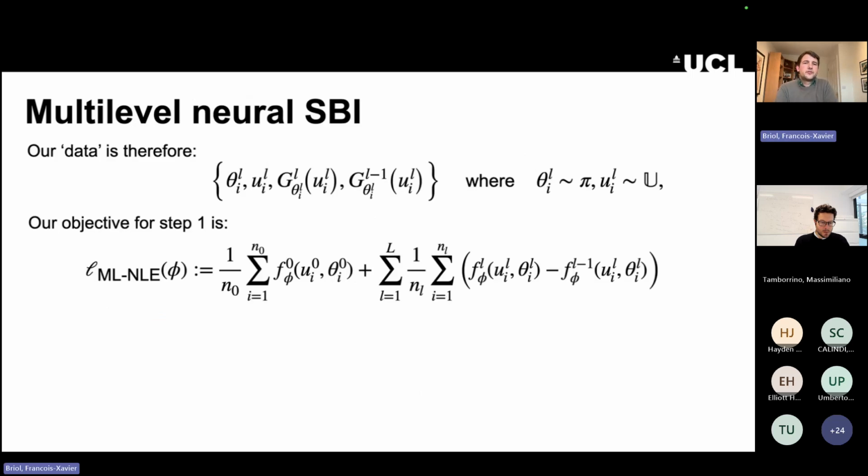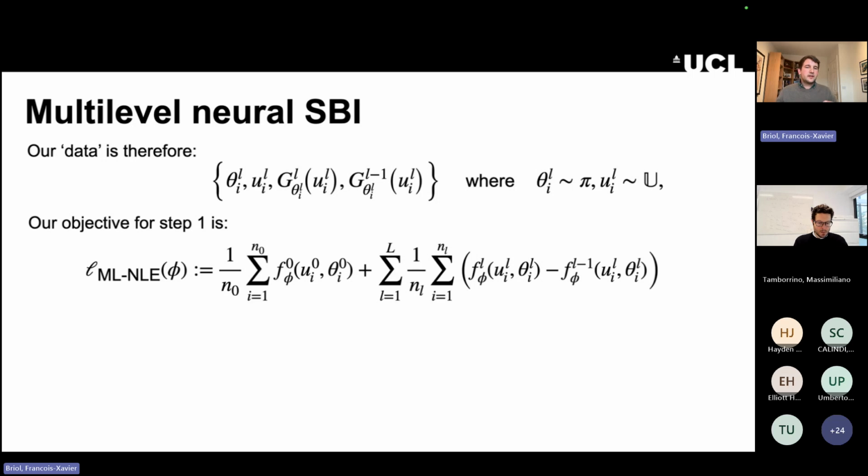Okay, so let me just summarize what multi-level neural SBI does. That's the method that we propose. We have some data, which has some thetas, some u's, and then some evaluations of the generators.